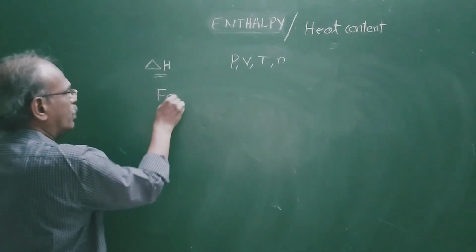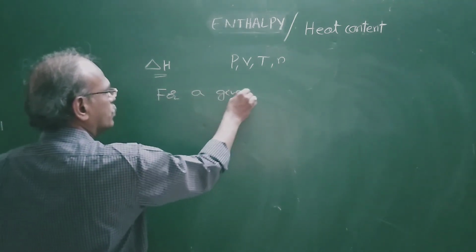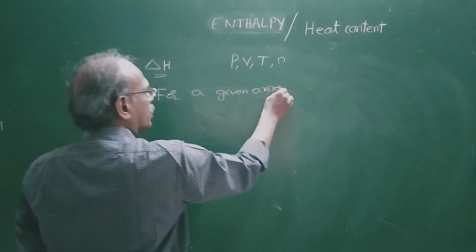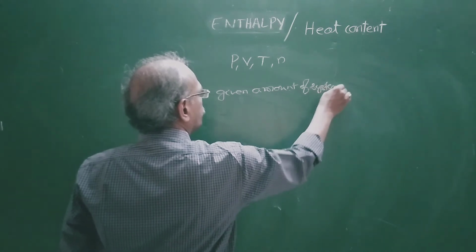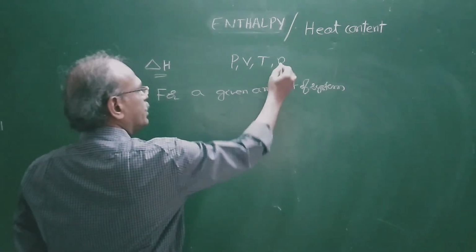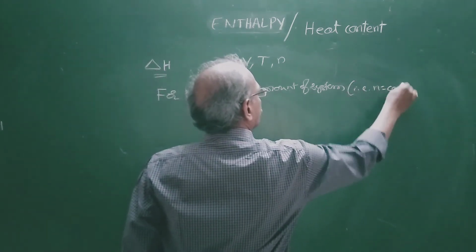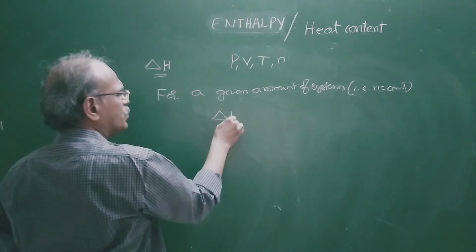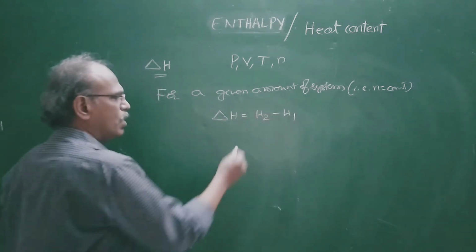Therefore, for a given amount of system, n is constant. So you can write delta H is equal to H2 minus H1.